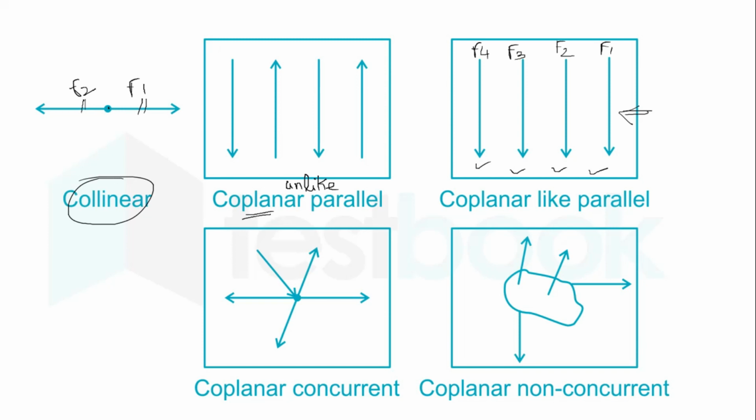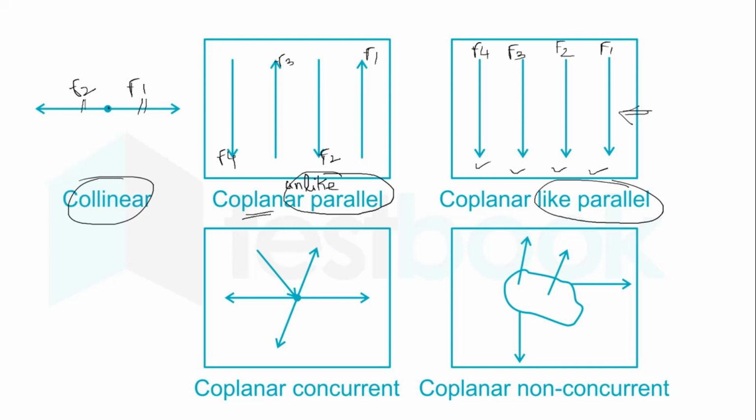So that's why these are like parallel forces, whereas unlike parallel forces means the forces are parallel but the directions are opposite. See, F1 and F2 are in different, opposite directions, and F3 and F4 likewise. So forces are parallel but in opposite directions, which is why this is called unlike parallel forces.